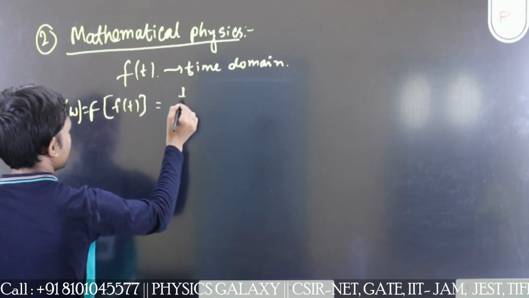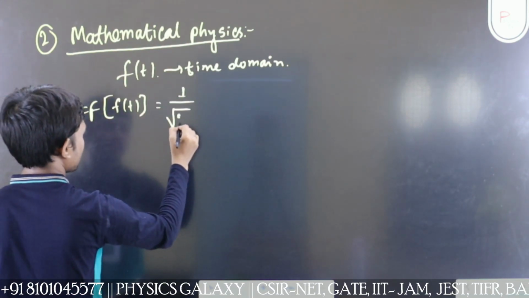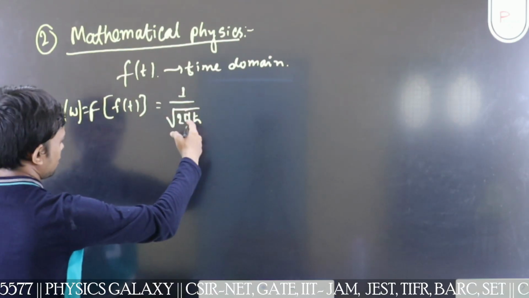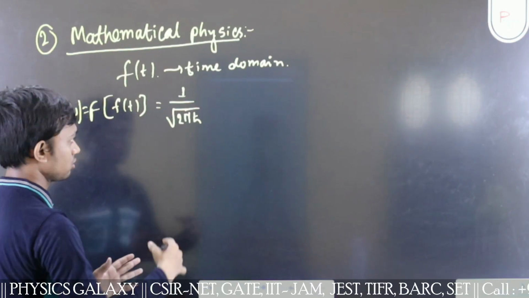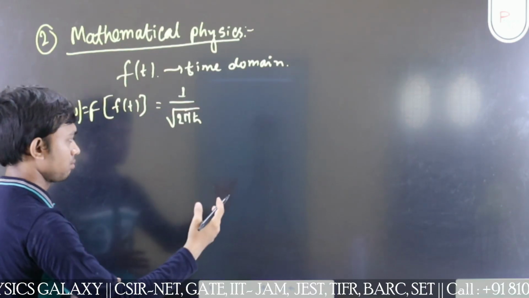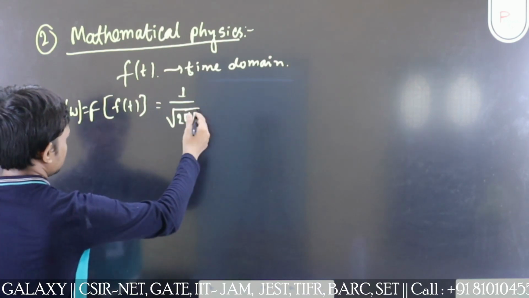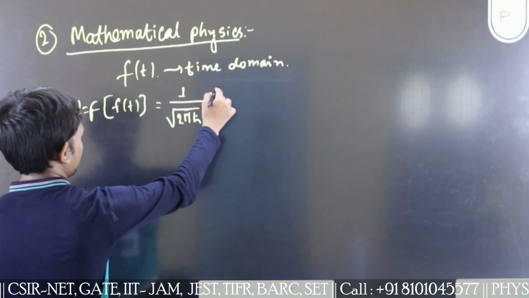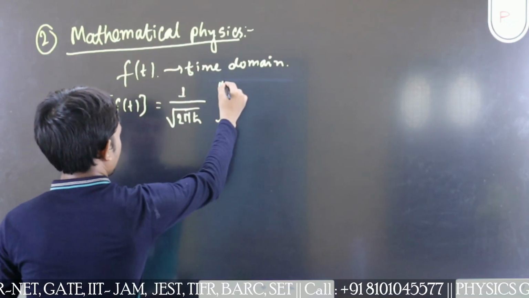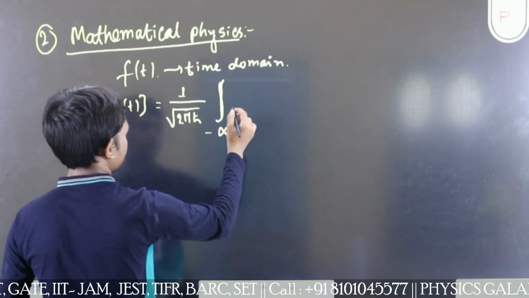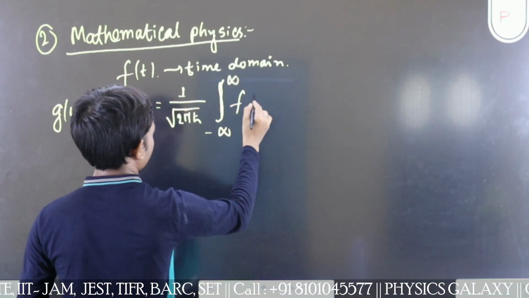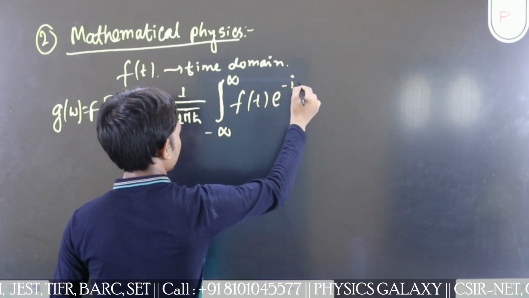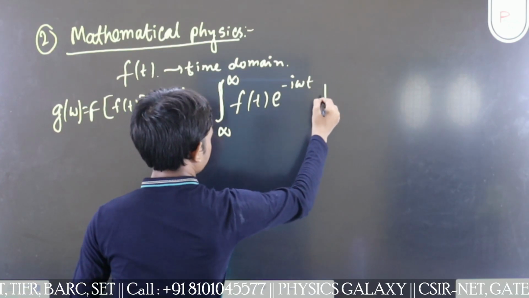It is in some form with 2 pi h bar. It is similar to quantum mechanics, going from the position coordinate to momentum space. The definition is the integral from minus infinity to infinity of f of t e to the power minus i omega t dt. It is also true for the plus term.